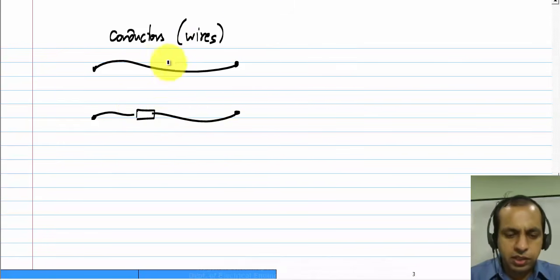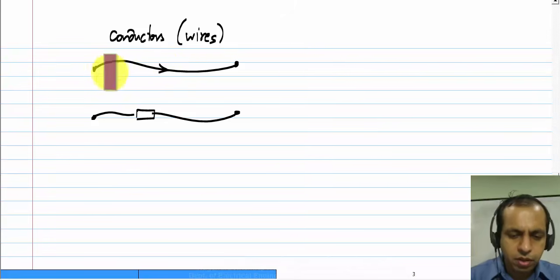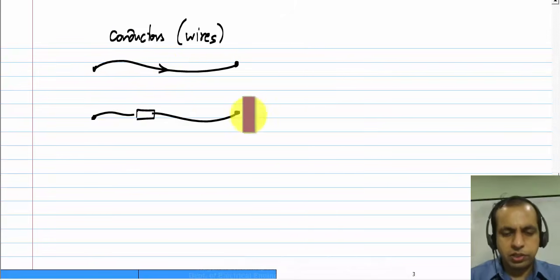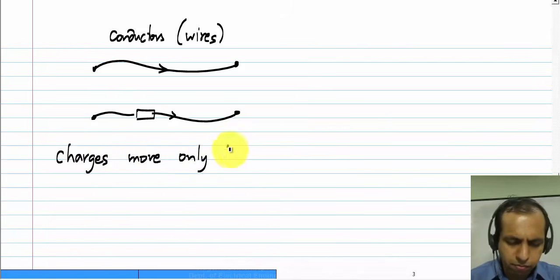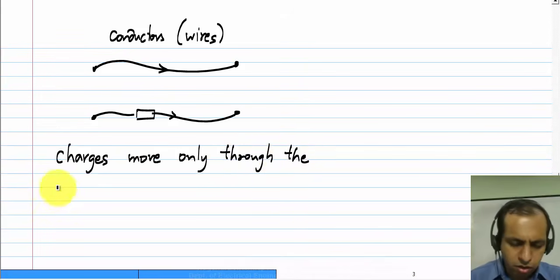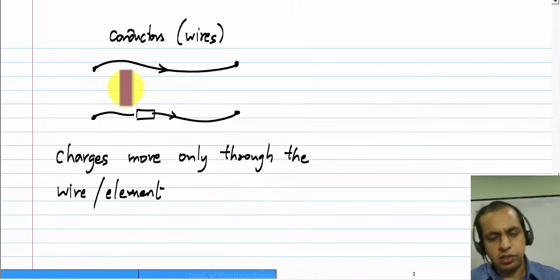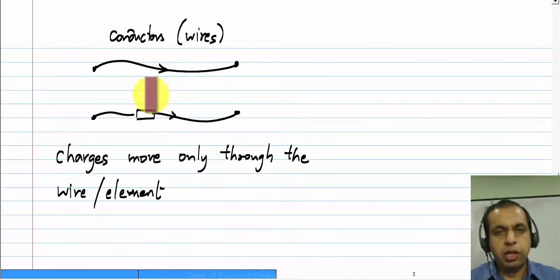Now it turns out that the charges move only through these wires, or through the wires connected to the element and through the element itself. Okay. And we'll concern ourselves with the total charge that is moving through the wire. Okay, and we won't worry about exactly how it is distributed across the surface of the wire.